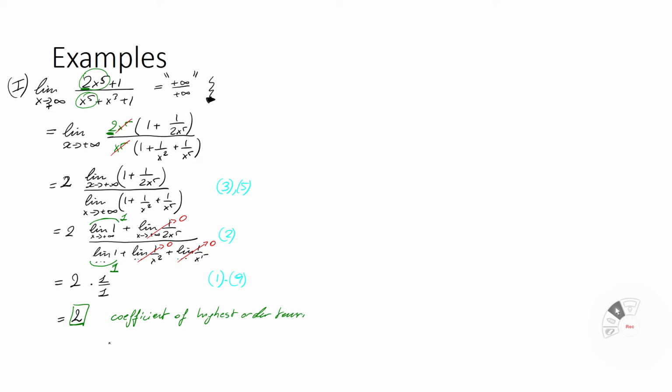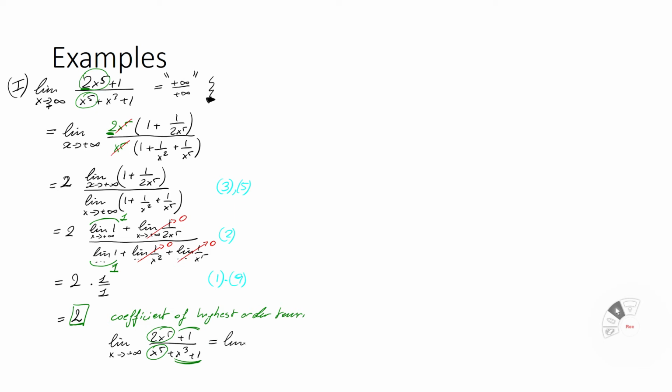So here basically what happens is, if we have our limit one more time, then as x becomes larger and larger, these two terms, 2x to the power 5 and x to the power 5, become much larger than the remaining terms, and they dominate the remaining terms.